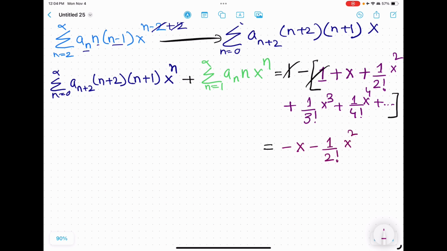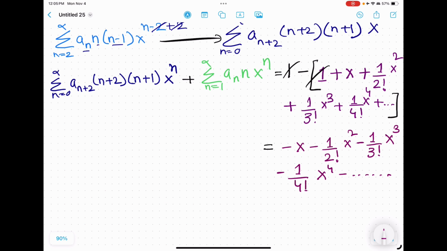All my coefficients are just negatives now. Okay, and so on. All right, so the good news is that there is a coefficient for all powers of x. And just by looking at it, I can already see that there are no constants. The constants I had canceled each other out. So all I have are just coefficients for different powers of x.